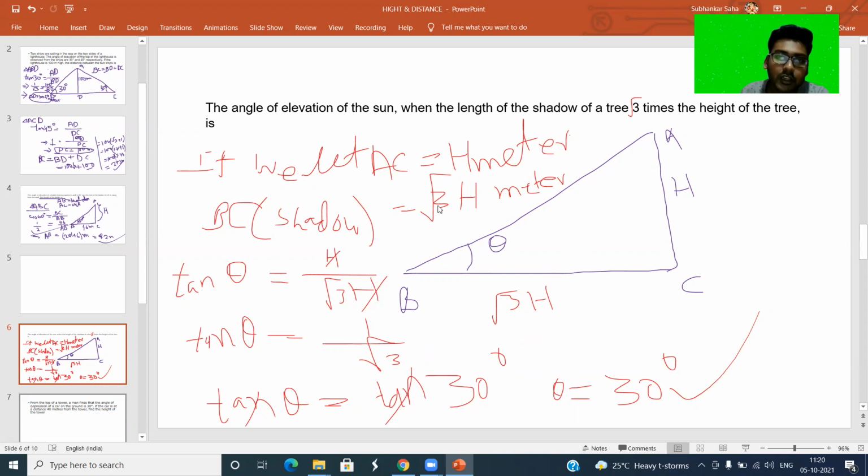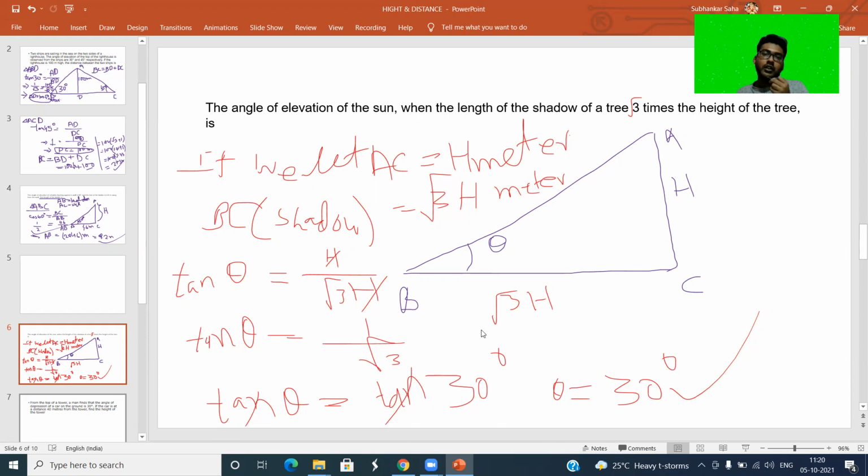Root 3 times root 3h meters, then tan theta is equal to h by root 3h, and tan theta is equal to 1 by root 3. That is the tan 30 degree value, so tan theta is equal to tan 30 degrees. Tan cancels, then theta is equal to 30 degrees.